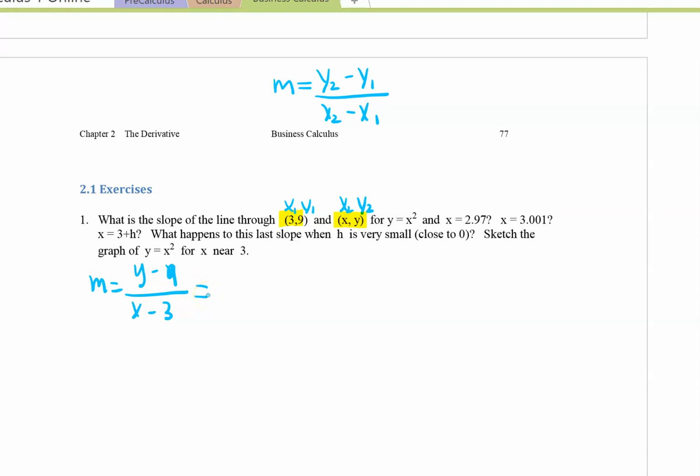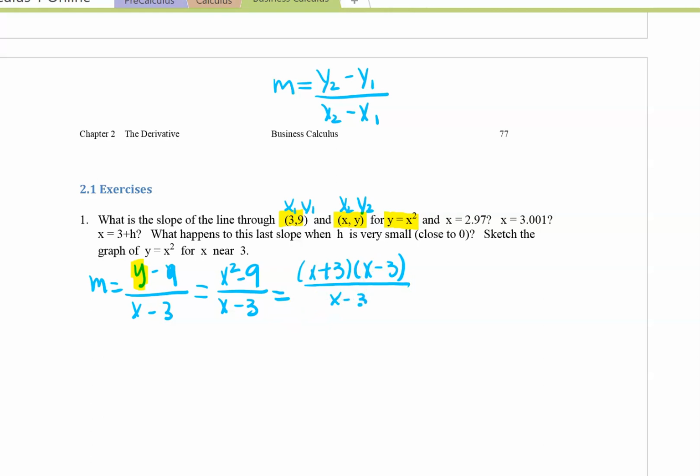Now, we can't do much with that information, but they did tell us that y is equal to x squared. So I'm going to plug that in right here for this y. So it gives me x squared minus 9 all over x minus 3. Now, in the top function, we are able to factor that, and so that factors into the difference of 2 squares. So (x plus 3)(x minus 3) all over x minus 3.